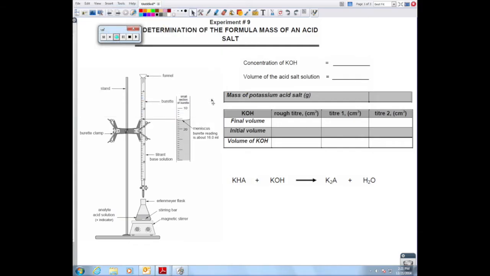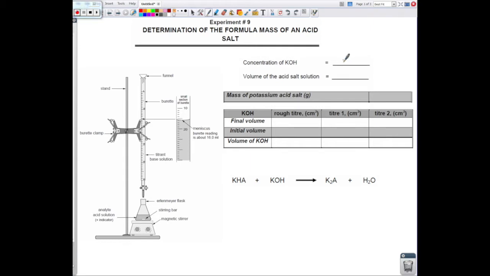Okay, so we have said to determine the formula of the acid salt, the only thing we can do is to determine the molar mass. Should record the concentration of potassium hydroxide, which is on the bottle, 0.1 molar.